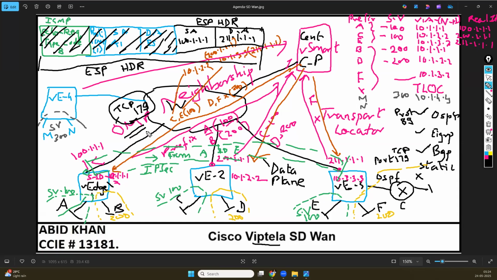OMP runs only between the vSmart controller and the WAN edges, not with vManage or vBond. vBond's job is only for authentication. vManage is for management of the complete single window solution. So this is how it will ultimately happen.